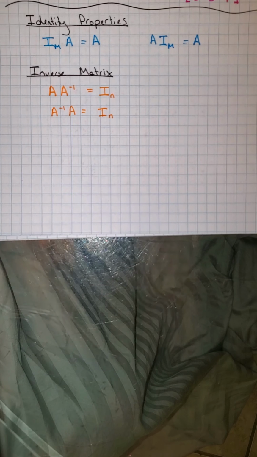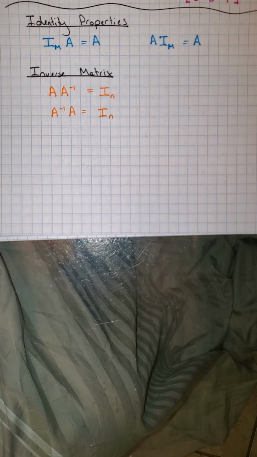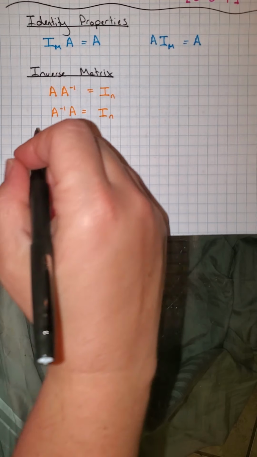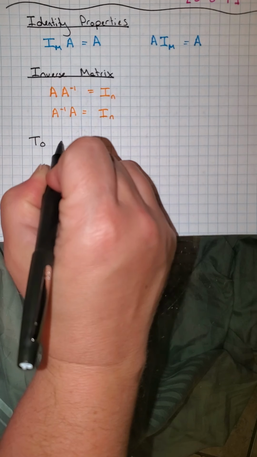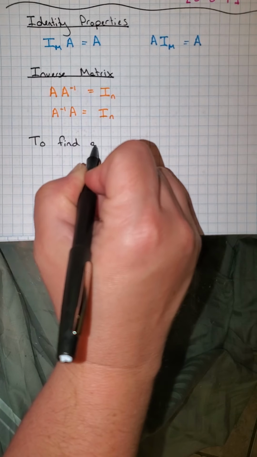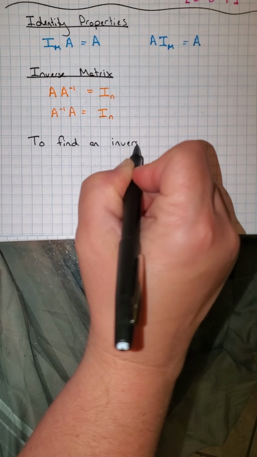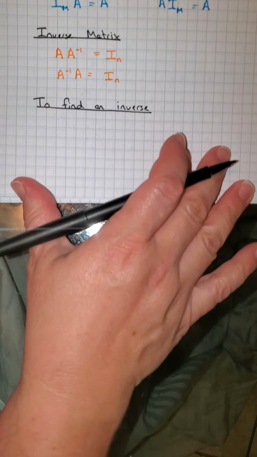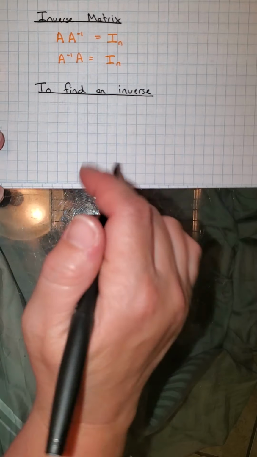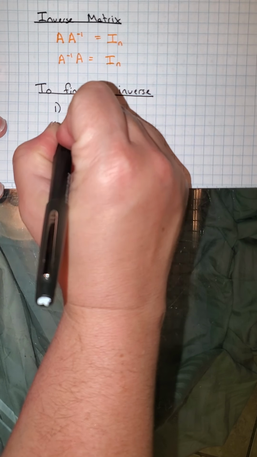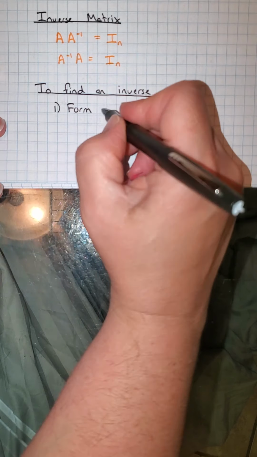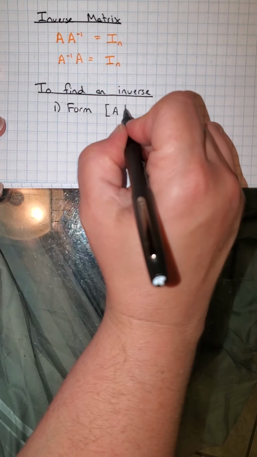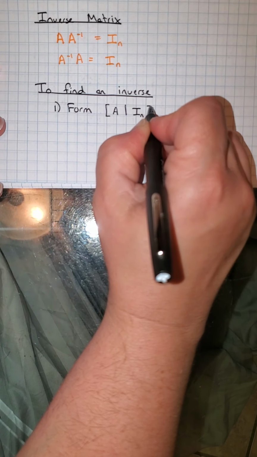All right, to find an inverse, which you can do on your calculator also, but I'm going to show you how to do it by hand because that's good to know too. First of all, you're going to form a matrix with your matrix on the left, whatever you're given, and you put the identity matrix that goes with it on the right.